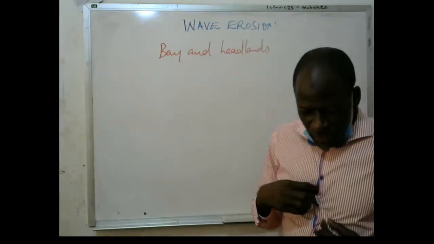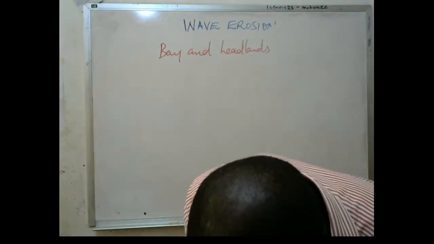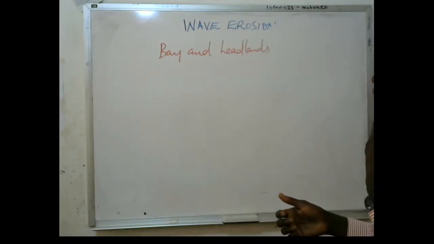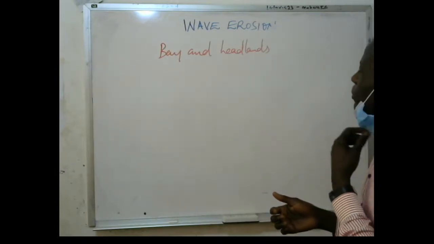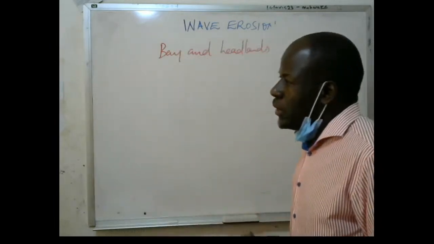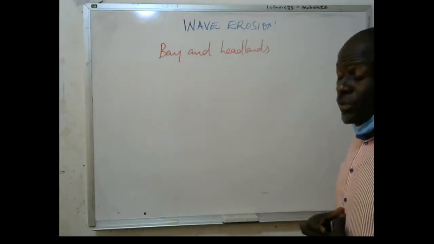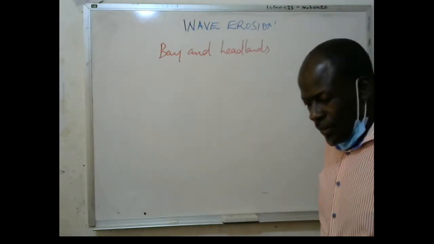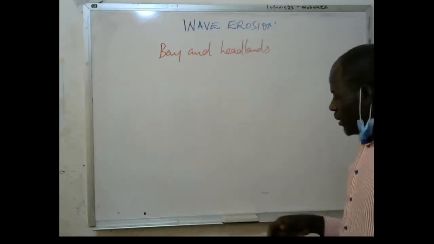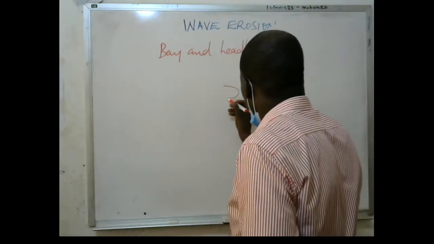When you were studying fishing in British Columbia, one of the factors that you said has encouraged the development of the fishing industry there is the presence of an irregular coastline with bays and headlands, meaning that the coast is not straight.